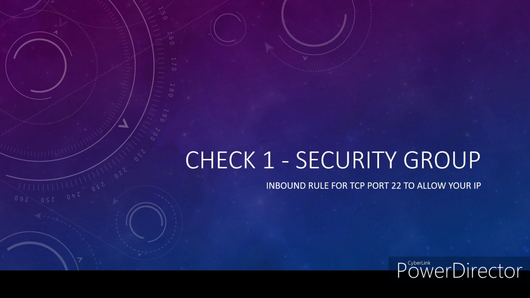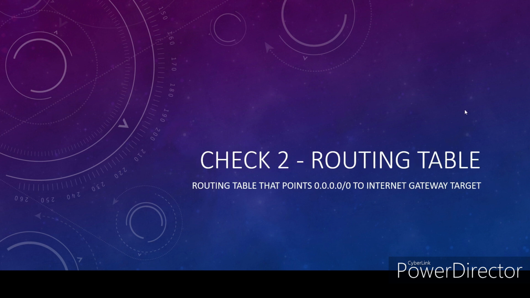Next we will check the routing table, the one that is attached in the VPC. We have to check whether that points to the entire internet. That should actually point to our internet gateway target.